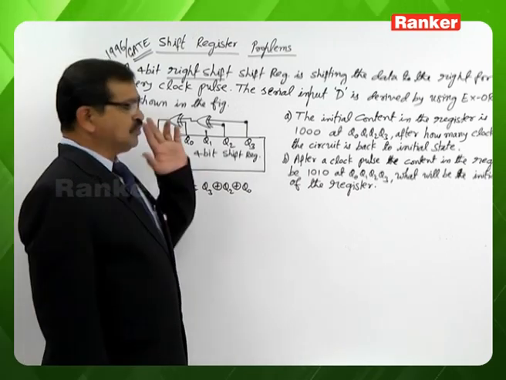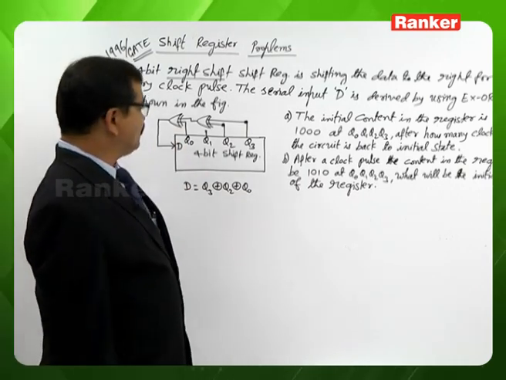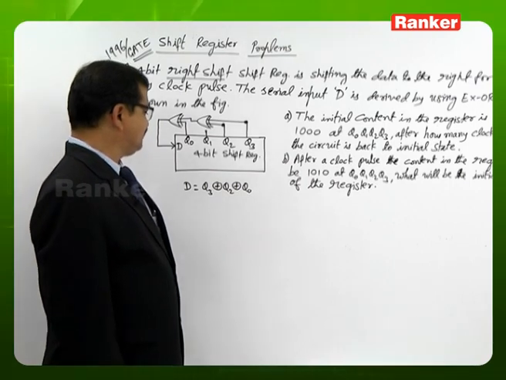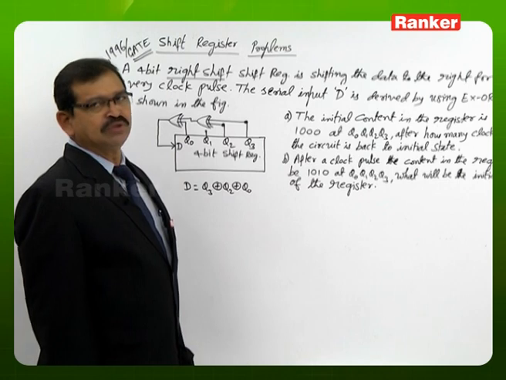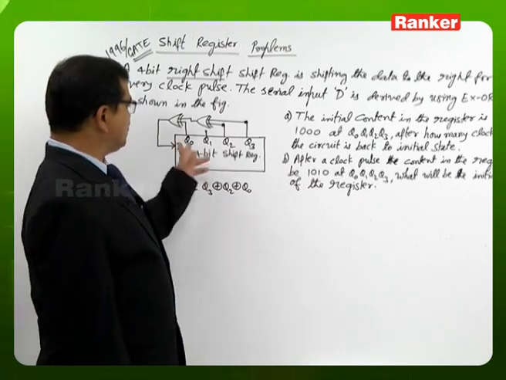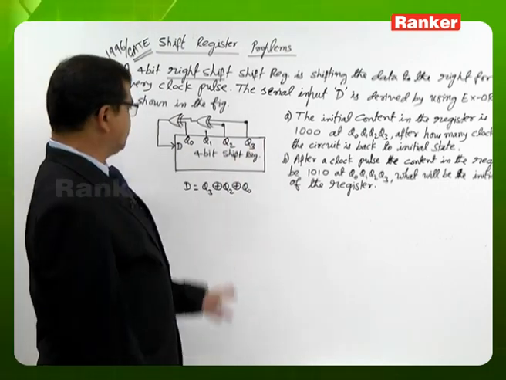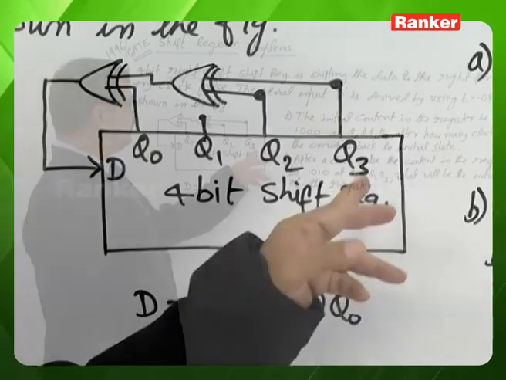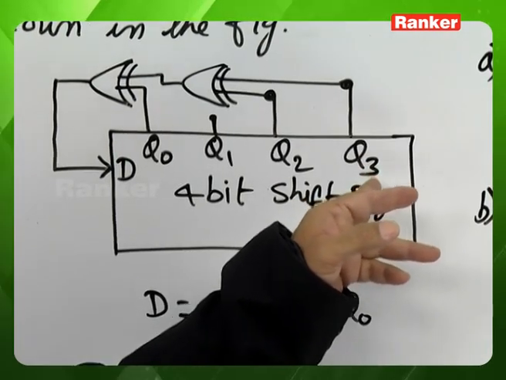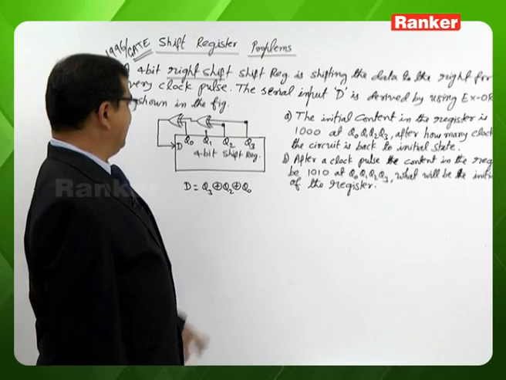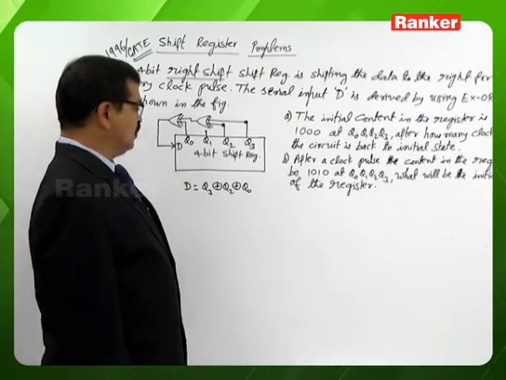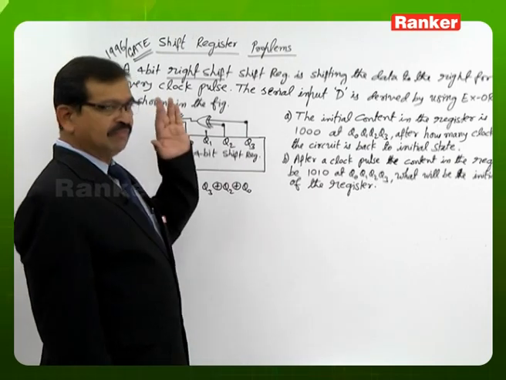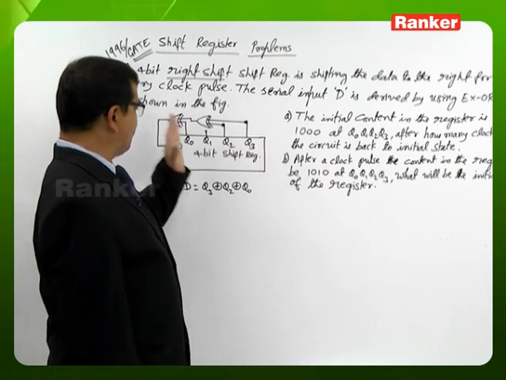It is a right shift register. Once it is a right shift register, the data will be shifting from MSB to LSB. Based on this problem description and this figure, the MSB is the flip-flop 3 output, that is Q3. The LSB is the flip-flop 0 output, that is Q0. So the data will be shifting from flip-flop 3 to flip-flop 0.